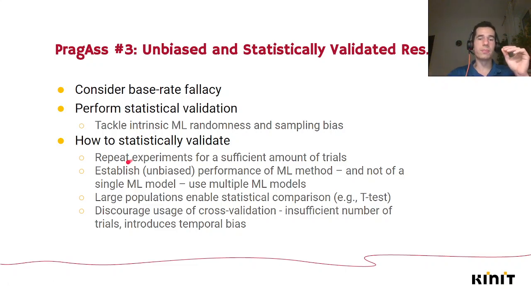How to do that? We should repeat the experiments for a sufficient number of trials while changing our train and test data. It helps us to establish an unbiased performance of the whole machine learning method, starting with feature extraction, pre-processing, the evaluation itself, some post-processing, and so on.